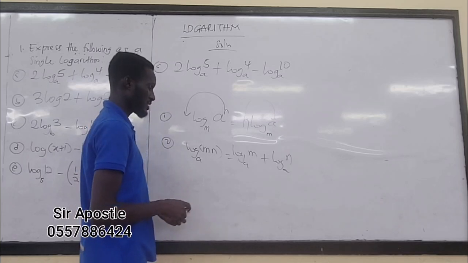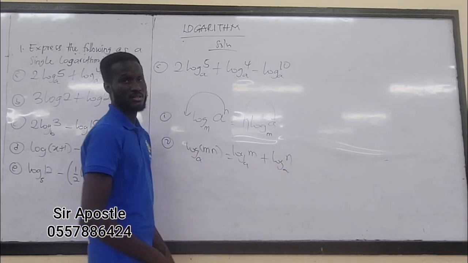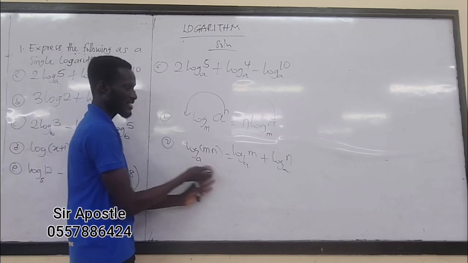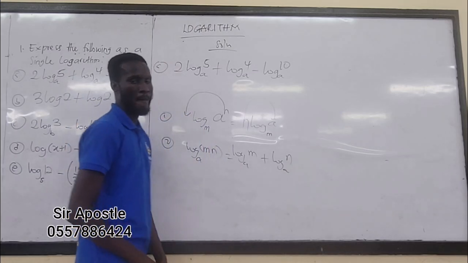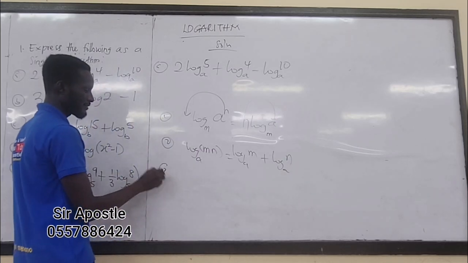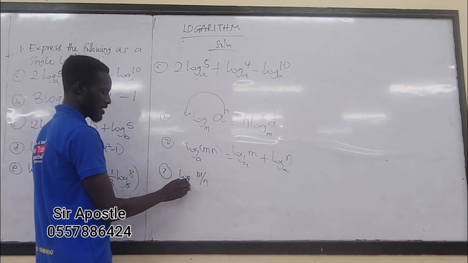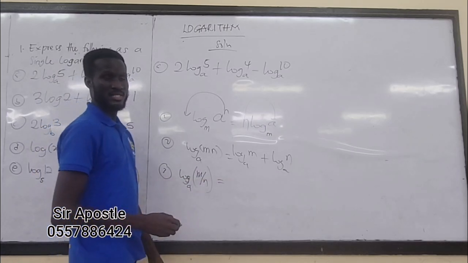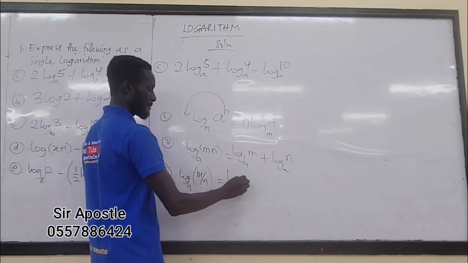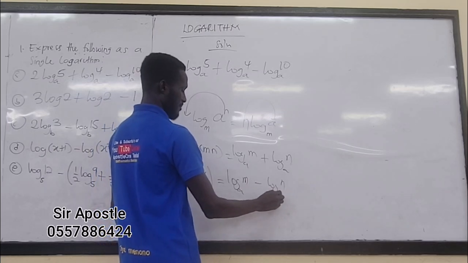The base is supposed to be the same. So this one is multiplication and this one is addition. This one is a single logarithm, this one is the expanded form. Now when they are dividing, log of m divided by n base a, we said the division means subtraction of logs. So we have log m base a minus log n base a.